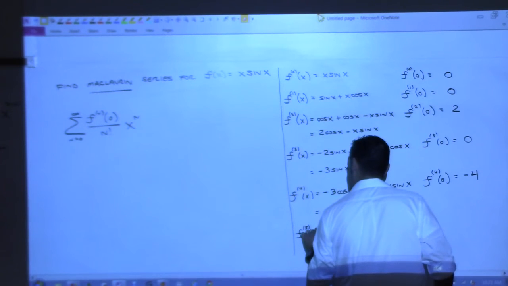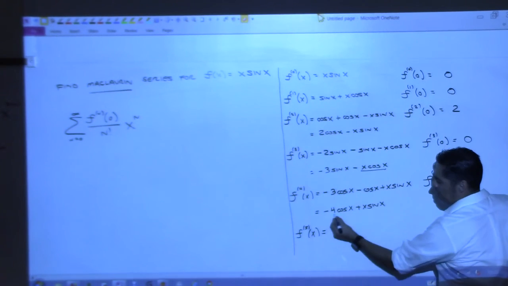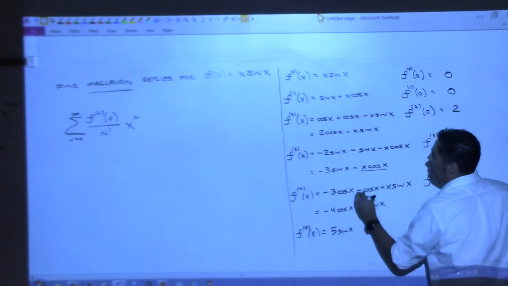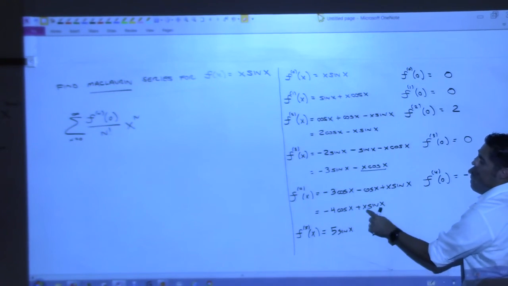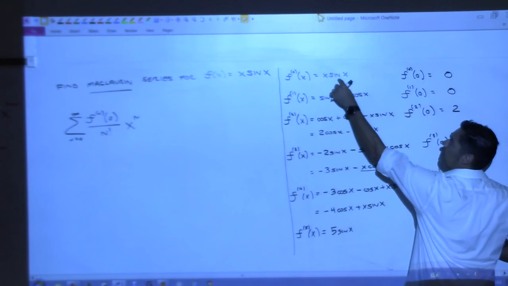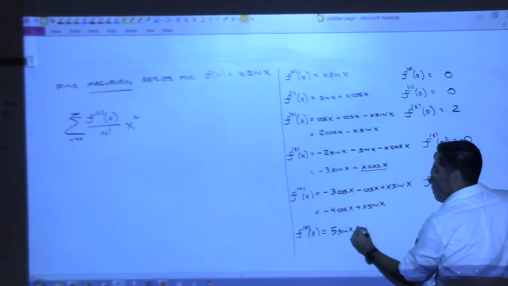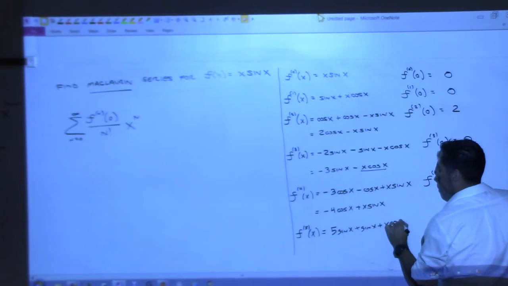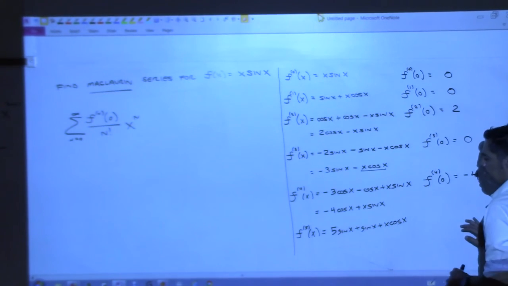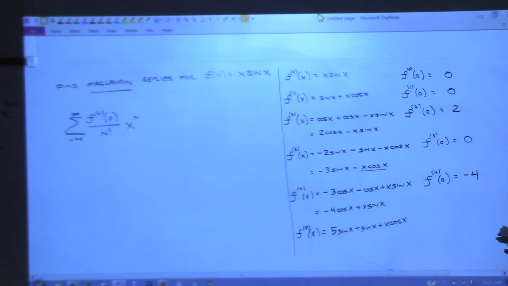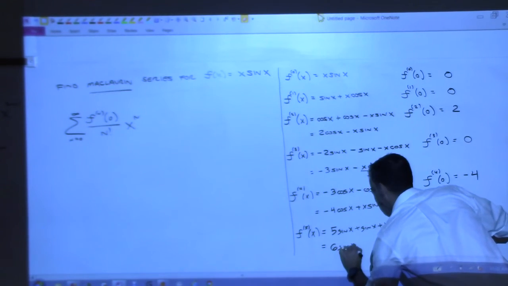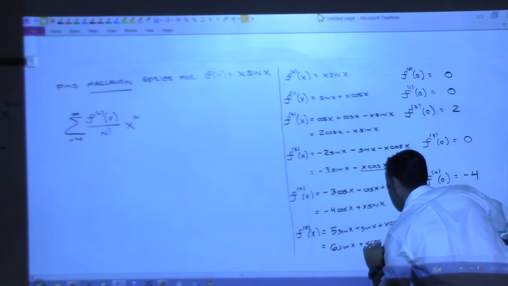Fifth derivative of x. It's not so bad, right? This right here becomes 5 sine x, and then plus x sine x. So we're back here, aren't we? So that's just going to be plus sine x plus x cosine x. So this is going to be 6 sine x plus x cosine x.